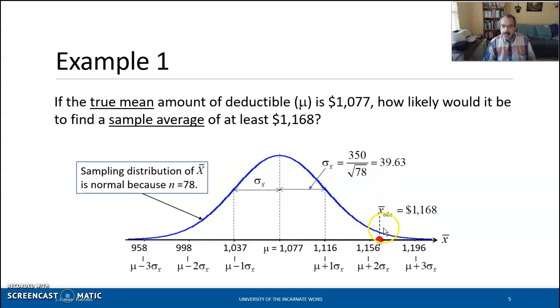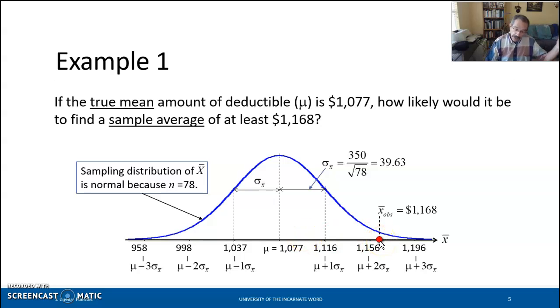And now you see that the observed average from the collected data is 1,168. The question is, is this a likely value if we assume that the true mean is 1,077? Well, this is over two standard deviations away from the mean.